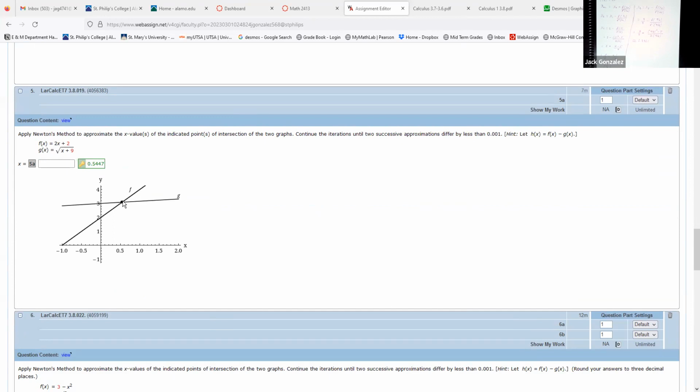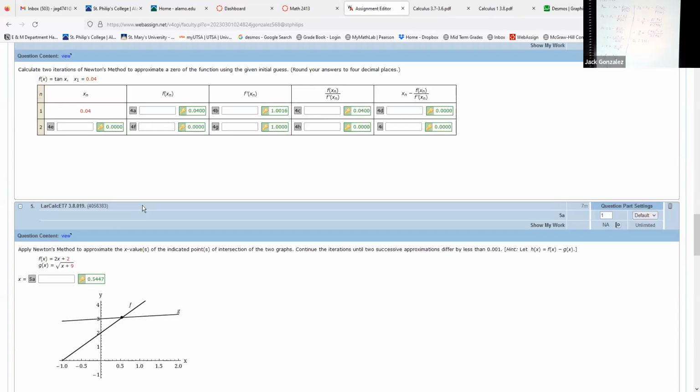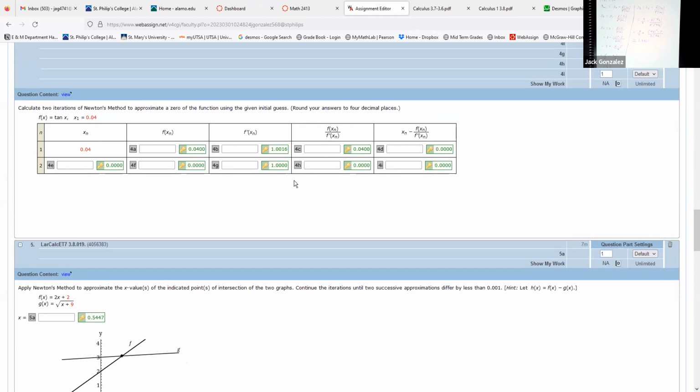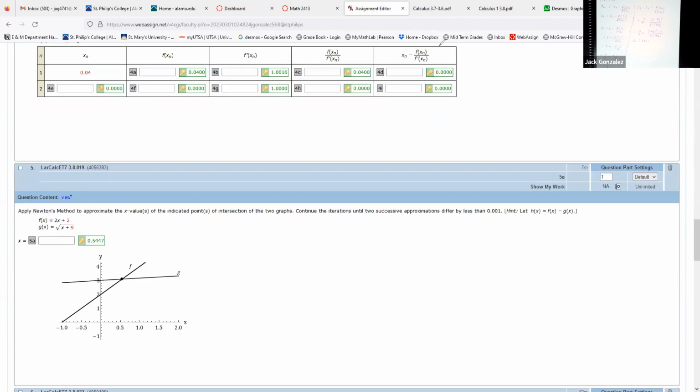So let's set them equal, subtract it over, and call it some other function, h. So you subtract these two and then just do this process. Your h function would just be doing the same thing that we just did.